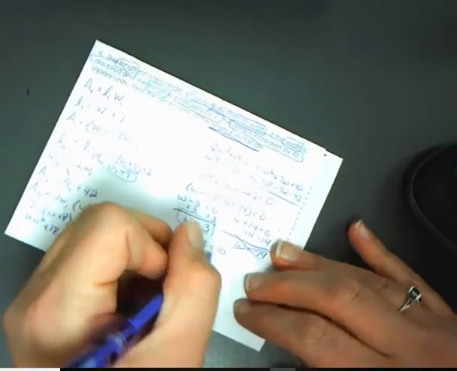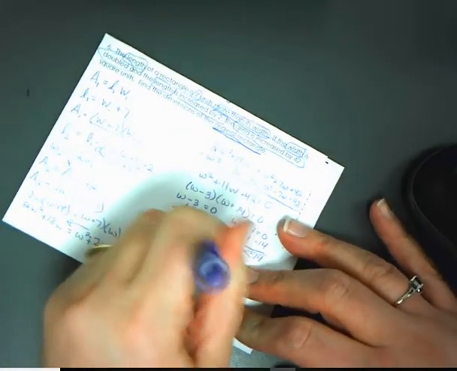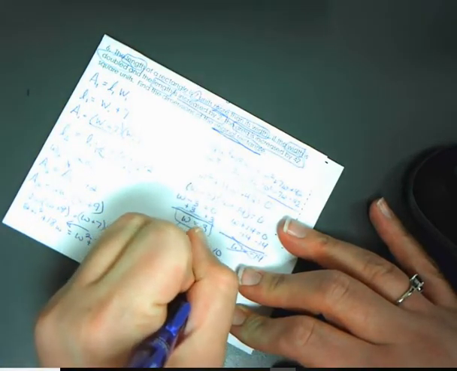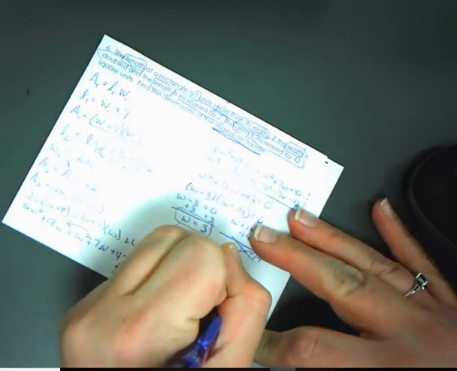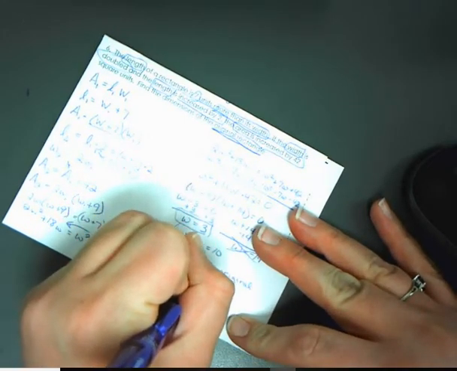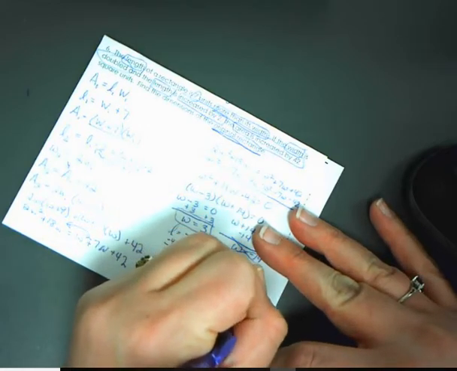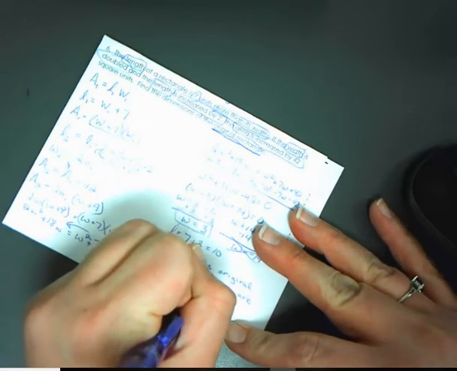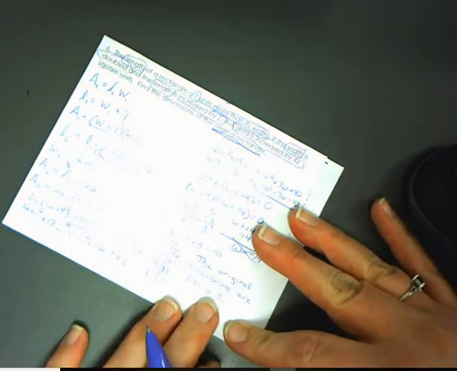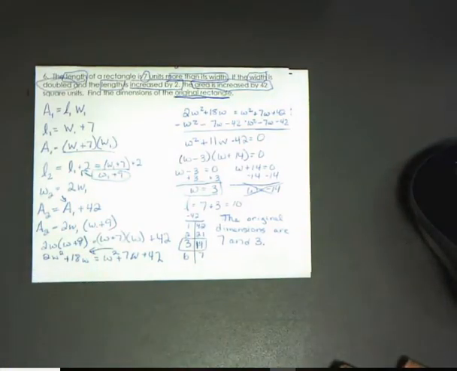So the original dimensions are 10 and 3. And they didn't give us specific units to care about here, so we're just going to leave it as 10 and 3.